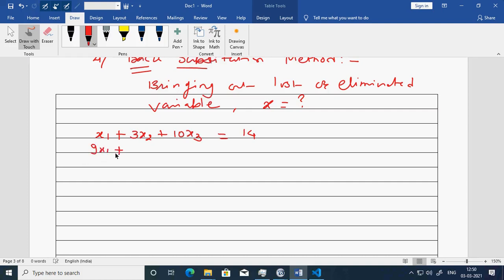Say 9x1 plus x2 plus x3 equal to 11, and we write here in this case 4x1 plus 12x2 plus 2x3 is equal to 18. Okay, so this is basically my system of equations.